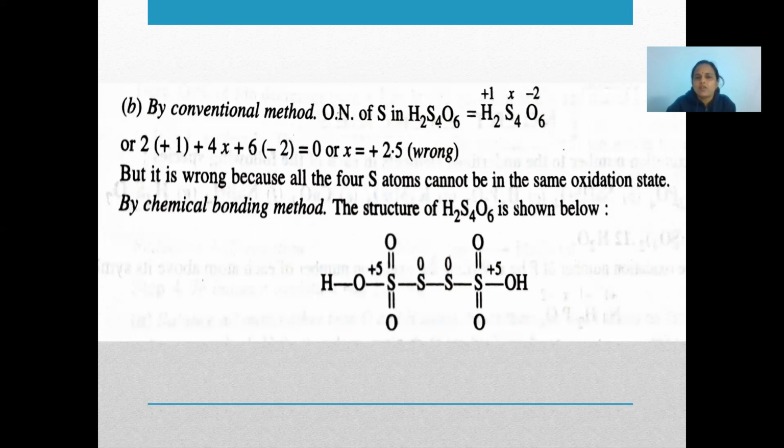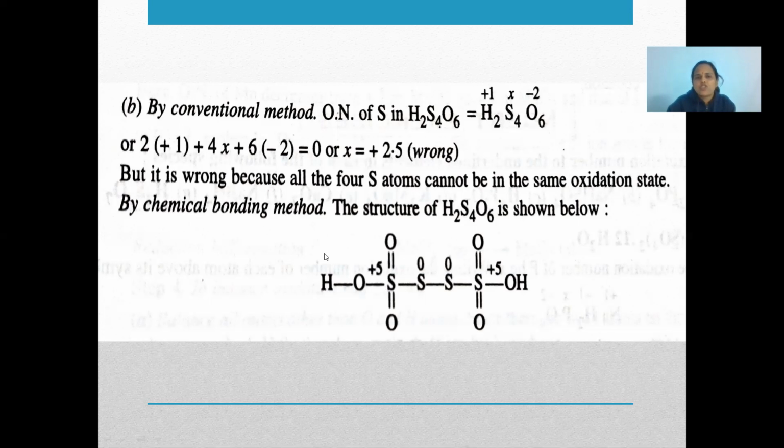You need to calculate the oxidation number of sulfur in H2S4O6. So hydrogen, we know, is present in the +1 state. For sulfur, you need to calculate 2 plus 4x minus 12 is equal to 0, and x comes out to be 2.5.